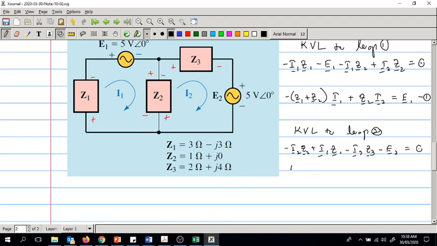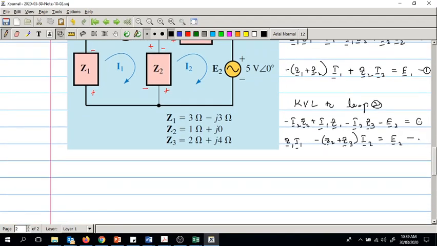So I1 is at 1, let's write it as Z1 I1 minus (Z2 plus Z3) I2 equals E2, right? So that is equation number 2.